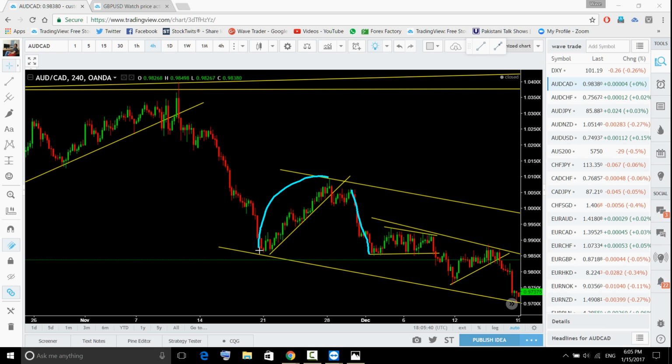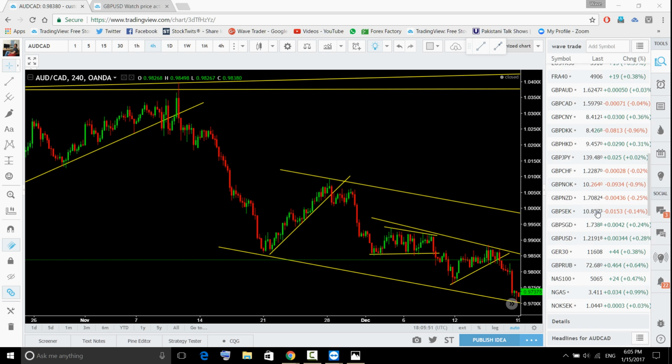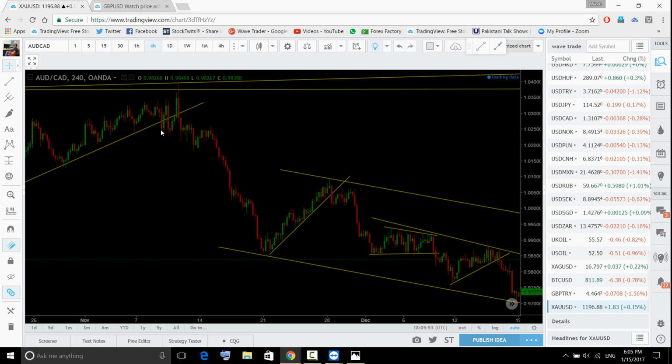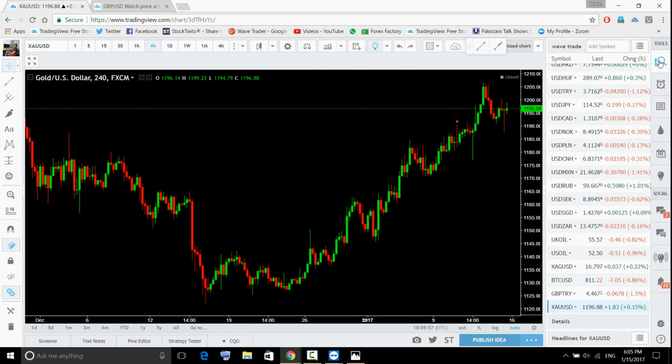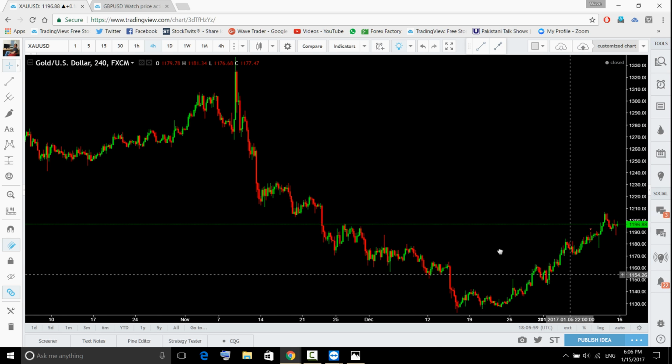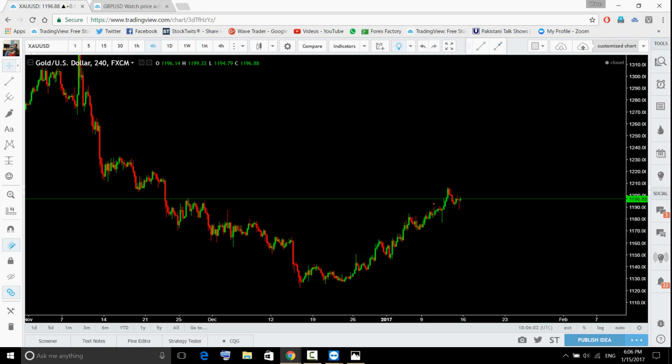The move we got is this, and the previous move was impulsive, and the current move we got is corrective, and now we are looking for this move on gold. This move is corrective, so we need a strong break.